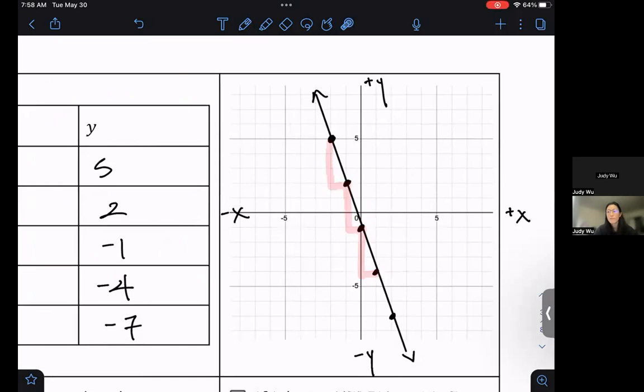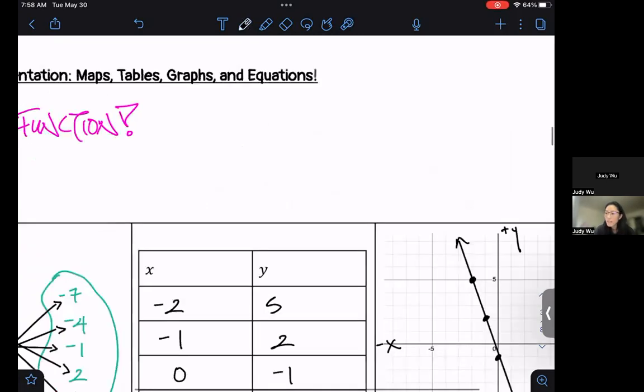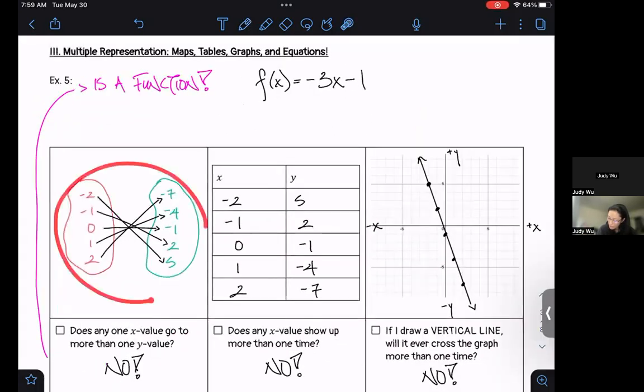So we actually have a slope of -3. If we put those pieces of information together, we can write in our function notation that the equation is f of x equals -3x minus 1. So this would be our equation that also matches our mapping, our table, and our graph.